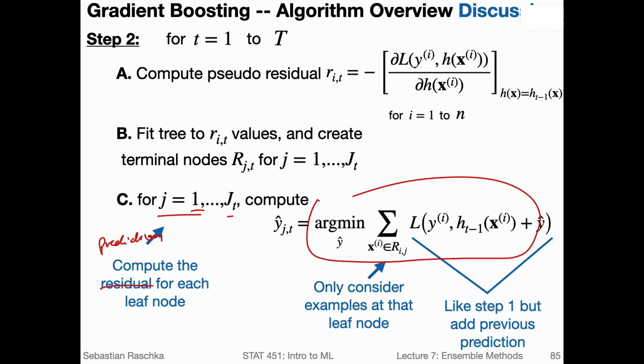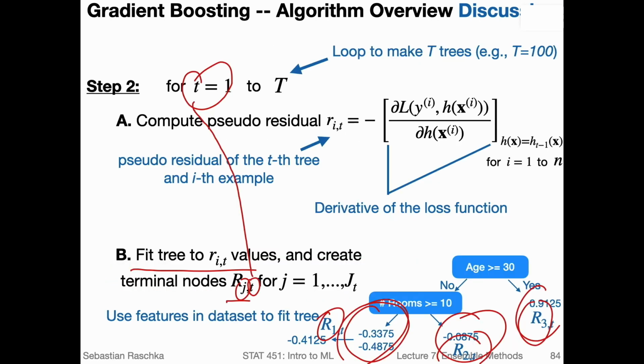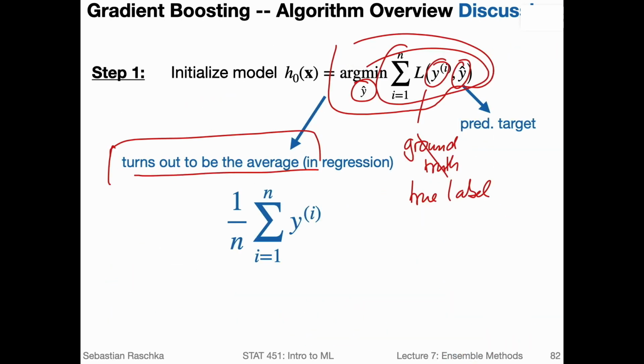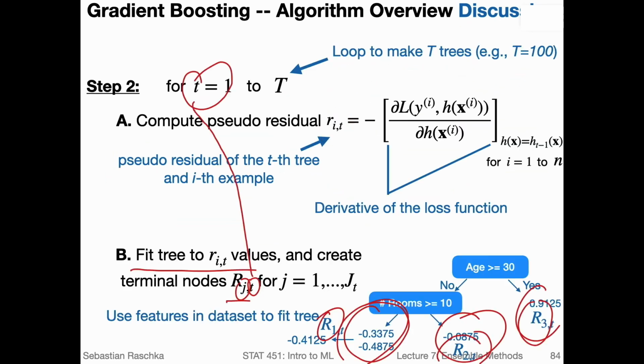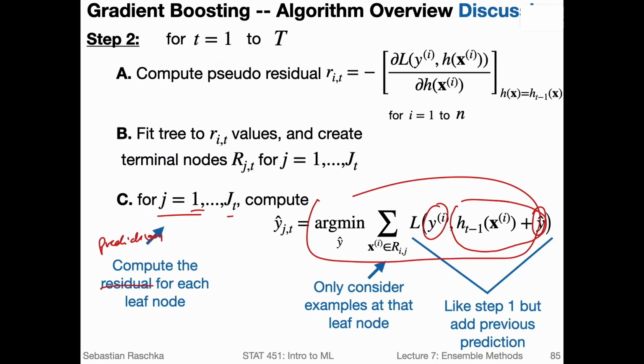But now the difference is that it's a loss between the target label and the previous tree's prediction plus this current term that we want to find. It's essentially similar to step 1. If I go back to step 1, it's similar to this term here where we compute the average, except that we now have the previous model added here, right?